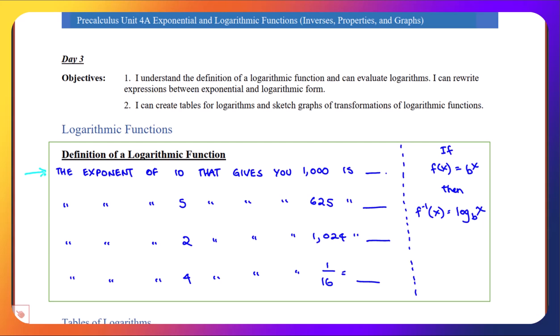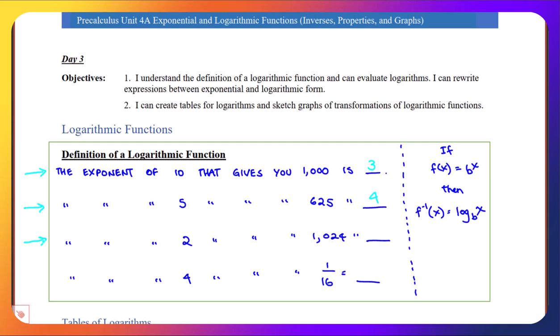I hope you understand the exponent of 10 that gives you 1,000 is 3. 10 times 10 is 100, times 10 is 1,000. The exponent of 5 that gives you 625 is 4. 5 times 5 is 25, times 5 is 125, times 5 is 625.